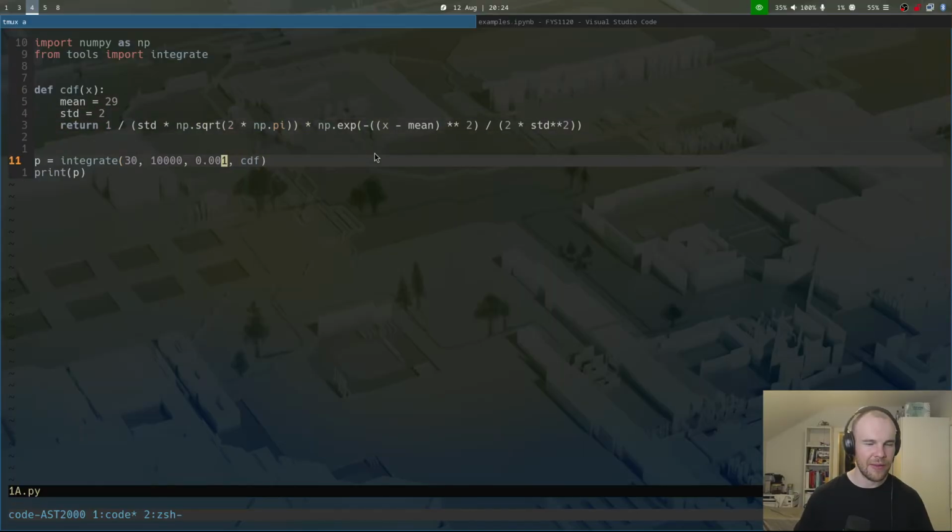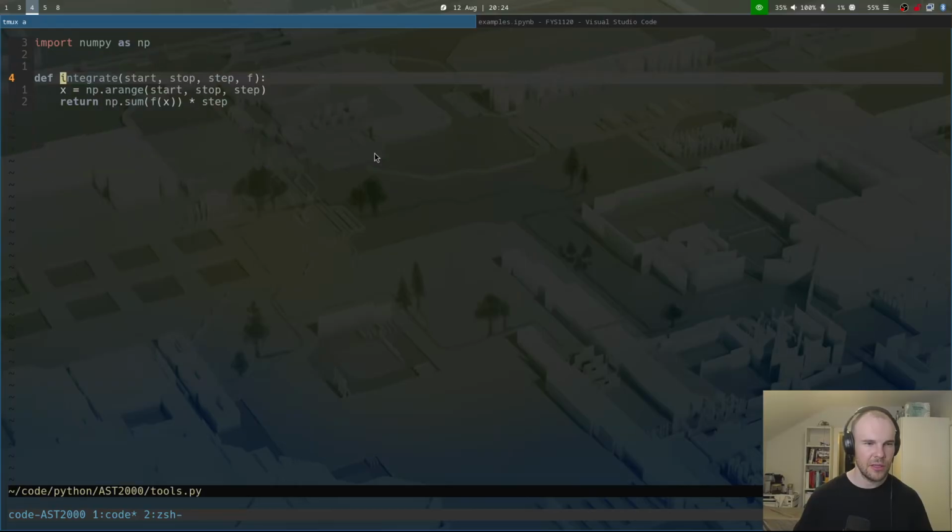Then I have a helper function, which I created, integrate. It's just using some NumPy stuff to integrate. You have a start and a stop and a step size. So the integration bounds, and of course the step, which will be our delta x between the start and stop. And we have f. Then I just use numpy.arange to create this range here.